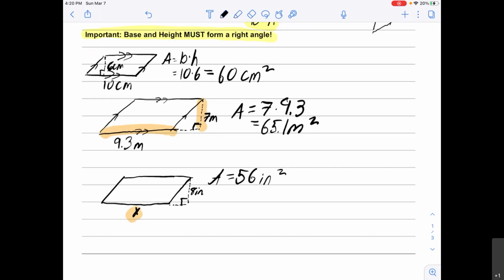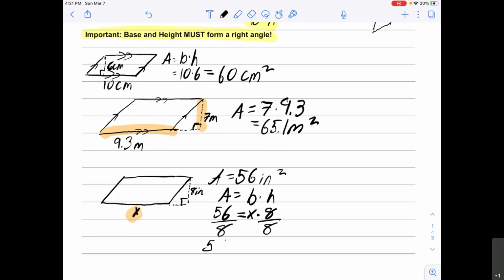So looking at this, I know that the area equals the base times the height. We know that the area is 56. We know that the height is 8, and then the base is x. So I know that 56 equals x times 8. So to work backwards, I'm just going to divide by 8 on either side.